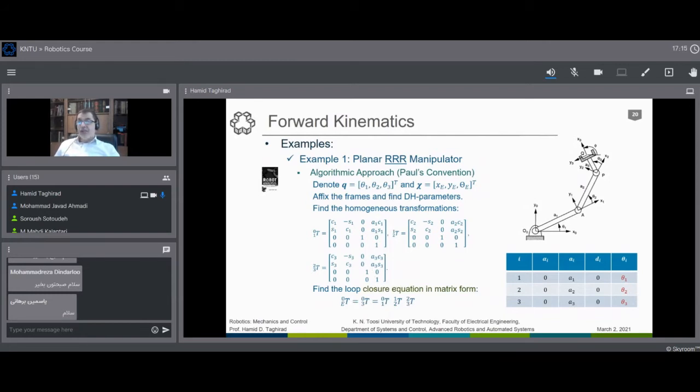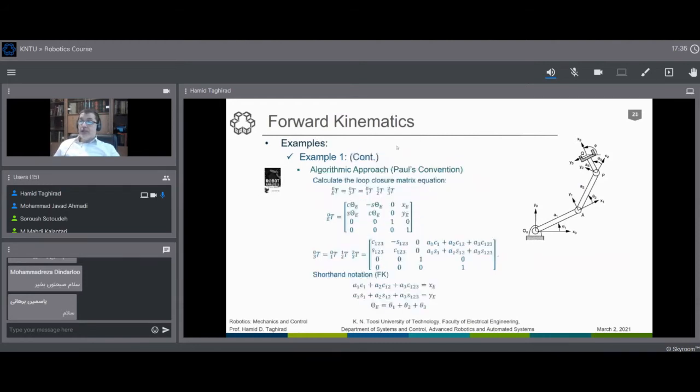We have an equation in terms of joint variables, Q, and an equation in terms of the task manipulator variable, script X or Chi we call it. Then we can relate these 2 together in a matrix form.